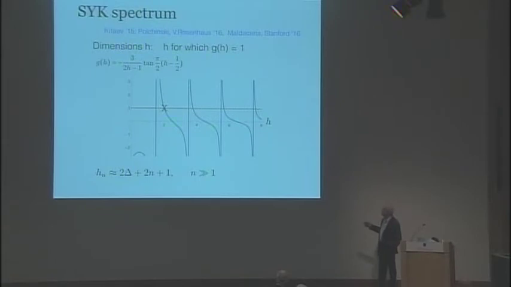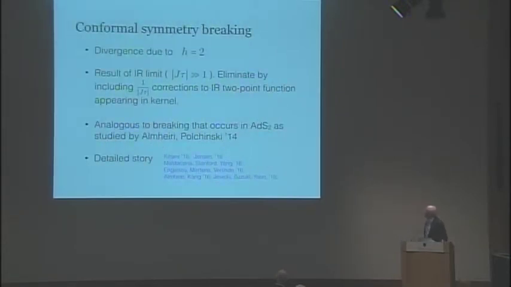There are an infinite number of such operators, and there's one special one which corresponds to the dominant gravitational degree of freedom. That's the one, that's O2. It would be the analog, actually, of the energy momentum tensor. Now, what these people discovered was that there's a divergence in this theory, in this infrared limit, which corresponds to that operator of dimension 2.